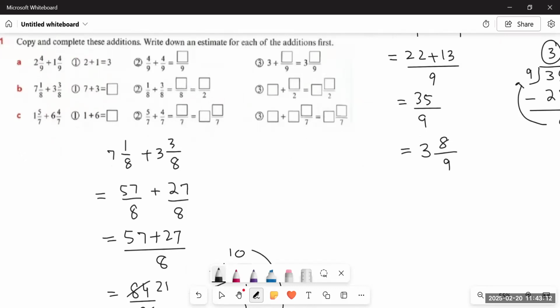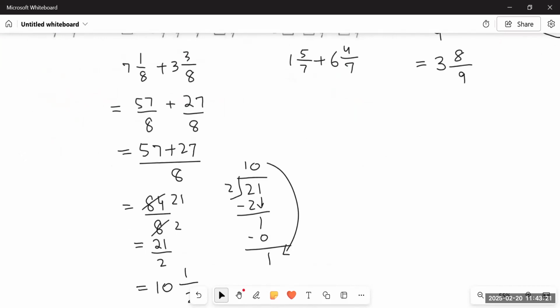In the third one, it is 1 whole 5 upon 7 plus 6 whole 4 upon 7. So we'll do the same. That is, first convert them into improper fractions. This would be 7 ones are 7 plus 5, 12 upon 7, plus 6 sevens are 42 plus 4, 46 upon 7.